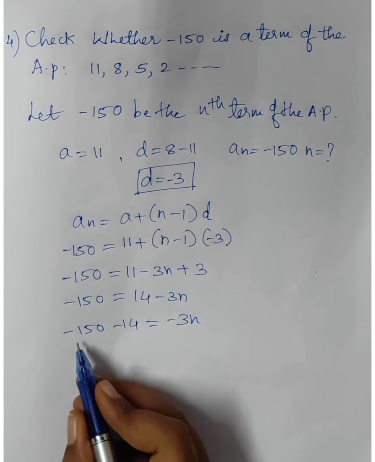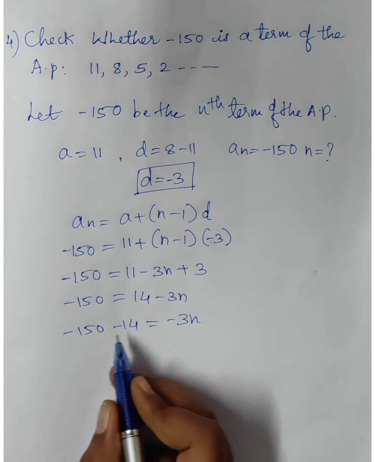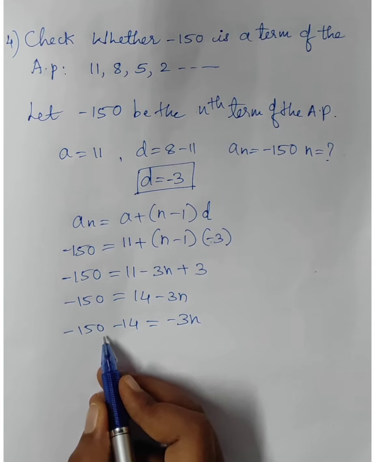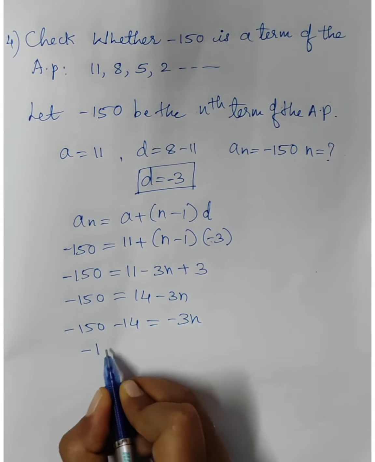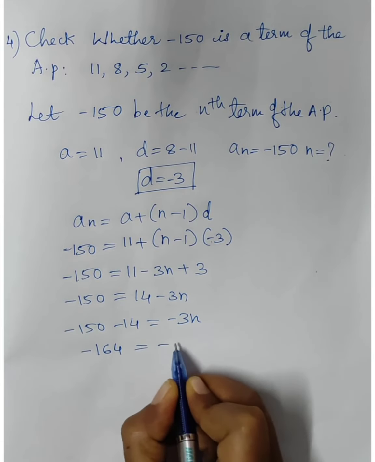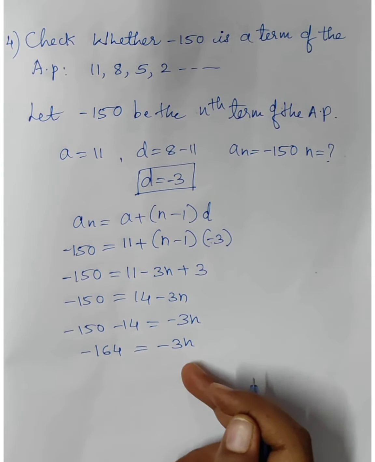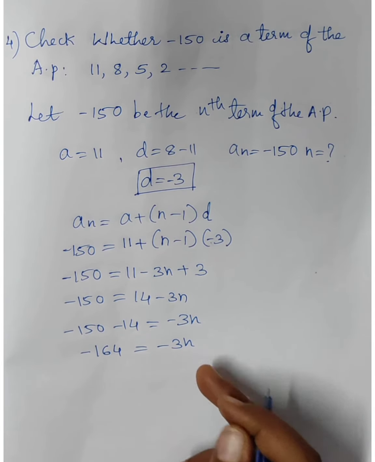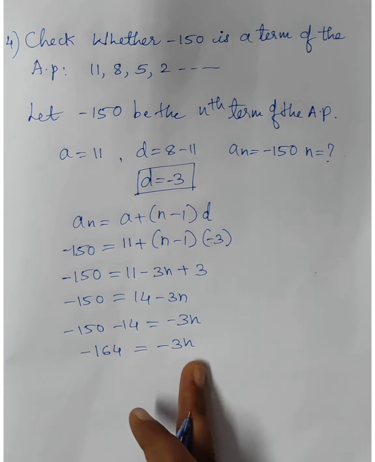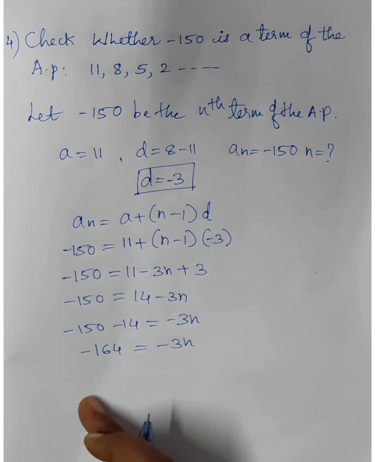Then both are negative. The sign will be negative, but you are going to add these both. So 150 plus 14 is how much? It is minus 164, which is equal to minus 3n. Okay, this term I am going to keep as it is now. Further step will be what? It is minus 164 and minus 3n. n keep it here and shift this minus 3 to the denominator.